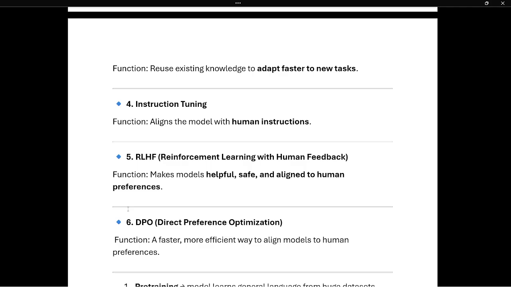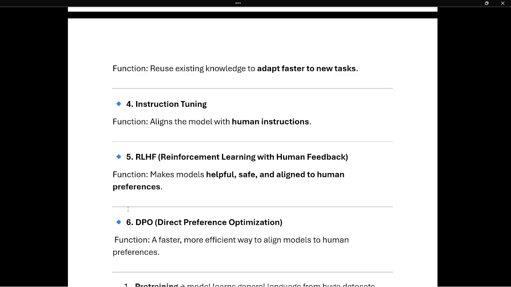If I give some prompt, the LLM sometimes gives an answer which is not acceptable to humans, that is not safe or not aligned to human preferences. In that case, the human ignores it and takes the other one, so the LLM learns from human feedback. That's why it is required.